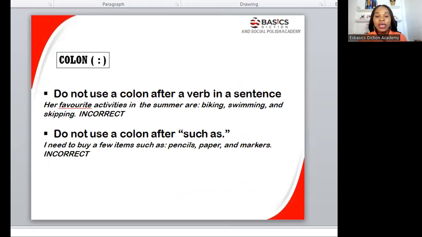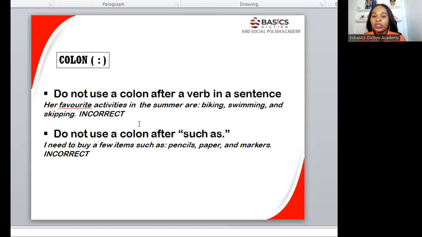For example, her favorite activities in the summer are biking, swimming, and skipping. You don't have to write a colon here. These expressions are within the same thought group.